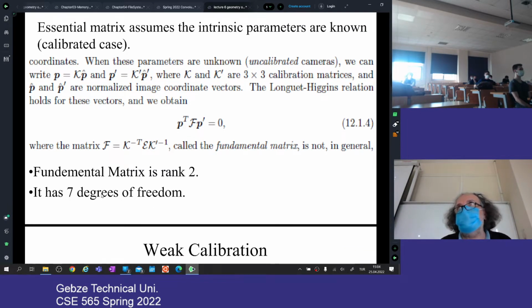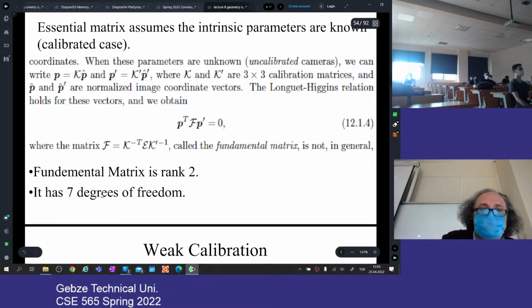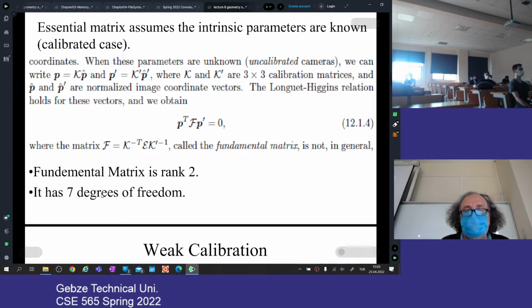It is not rank 3. Its determinant is not full, so you cannot solve this F like a regular matrix. Its rank is not 3, its rank is just 2. So that's why we say it has at most 7 degrees of freedom.